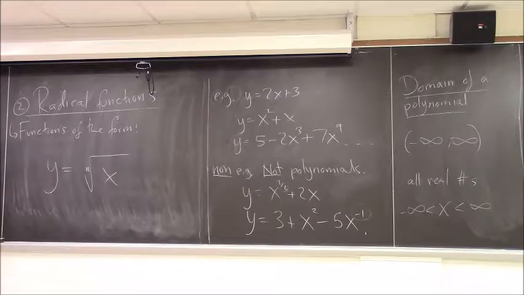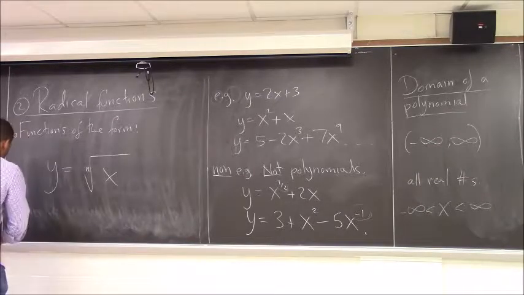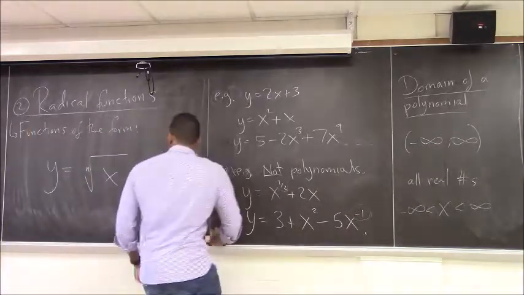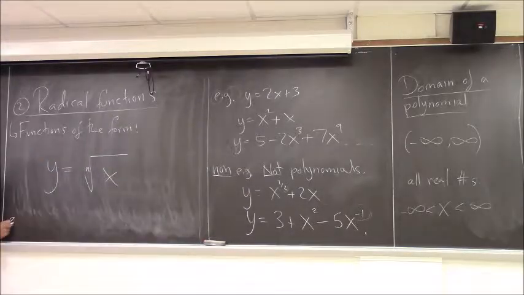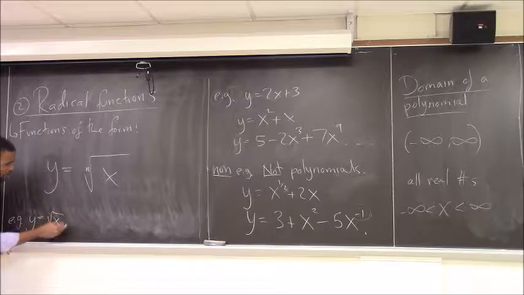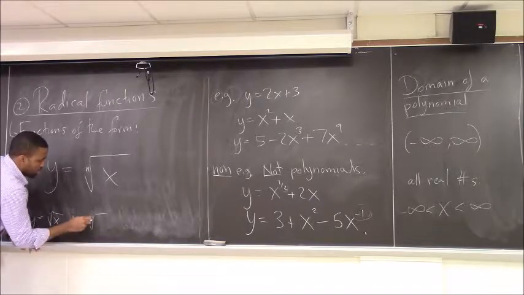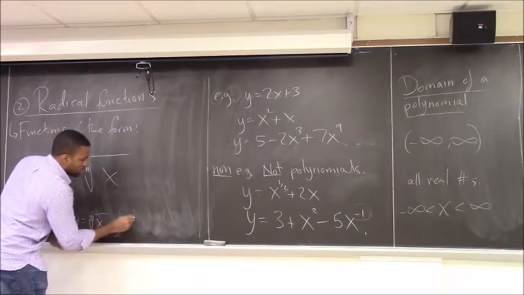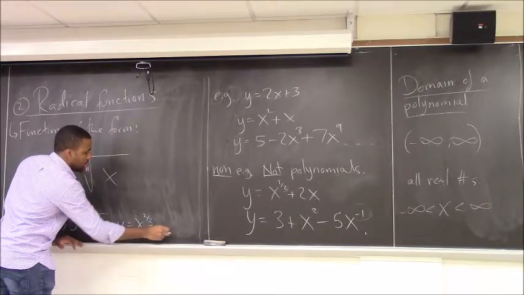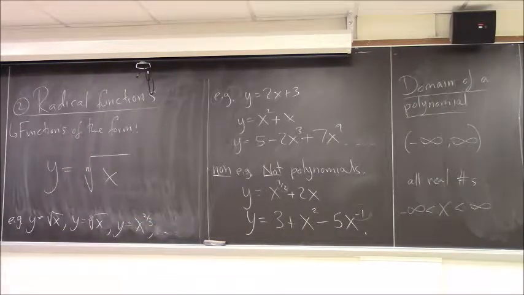Underneath here, you don't have to have an x, you can have some general function. That's called a radical function. So, for example, y equals square root of x, y equals cube root of x, y equals x to the 2/3, etc. These are all radical functions.